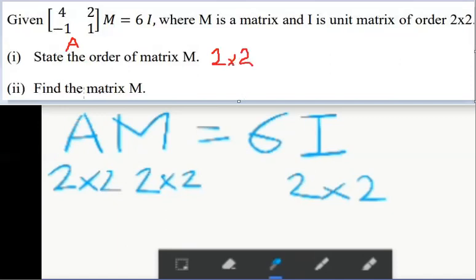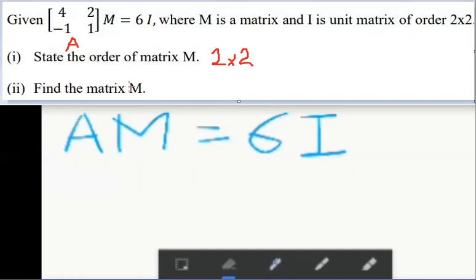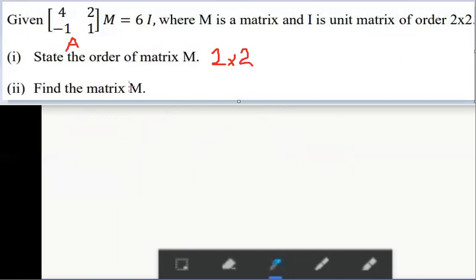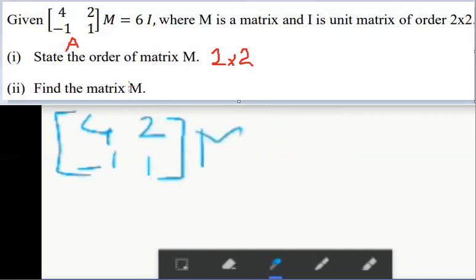Now we need to find this matrix M. So if I were to erase everything, we have this first matrix [4, -1; 2, 1], which is being multiplied by M, and it is giving me a product of not an identity but a scalar multiple of an identity.